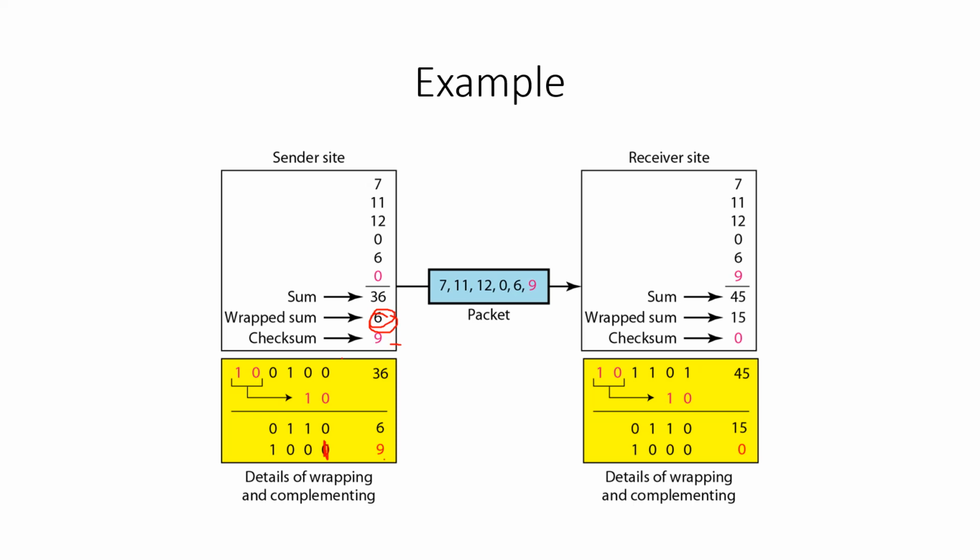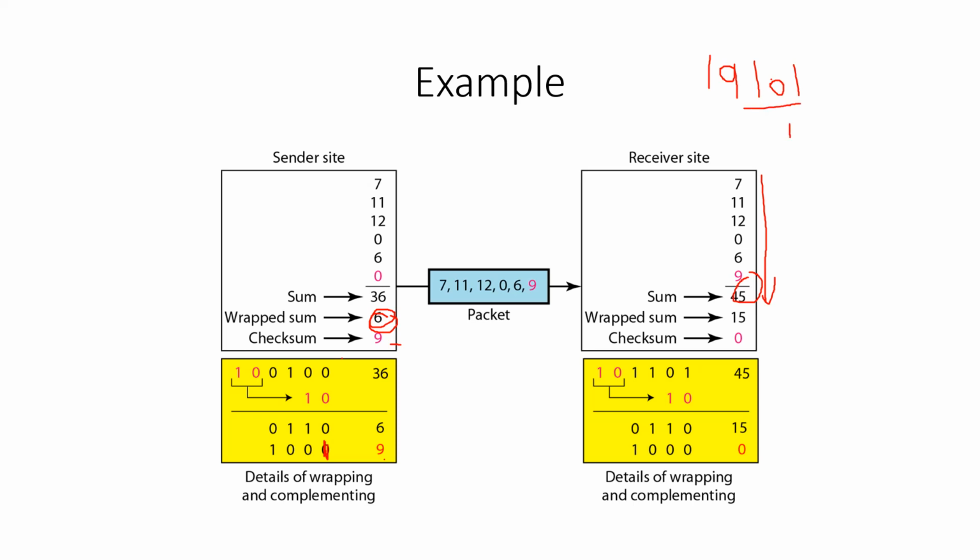Again, the receiver will calculate the sum of all these and it will find 45. So what is the binary representation of 45? 45 in binary can be represented as 1 0 1 1 0 1. So again we have to convert this into 4-bit format.